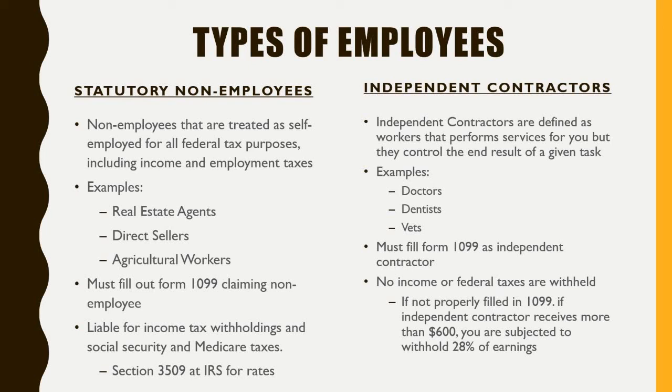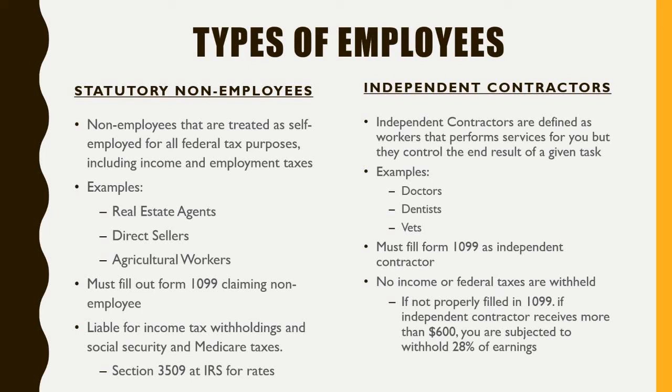Okay, so again, you have real estate agents, direct salesmen, and agricultural workers. These kinds of individuals must fill out a 1099 form claiming as non-employees. On the 1099 form you can claim as self-employed, independent contractor, or you can also apply as a non-employee.